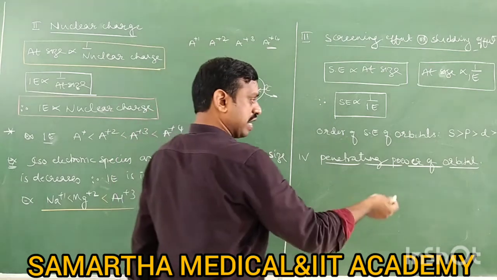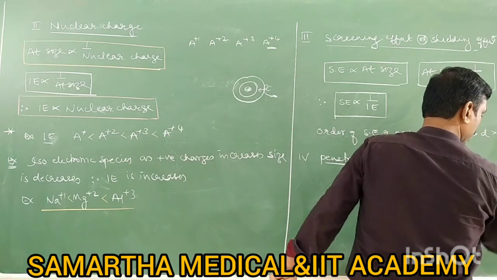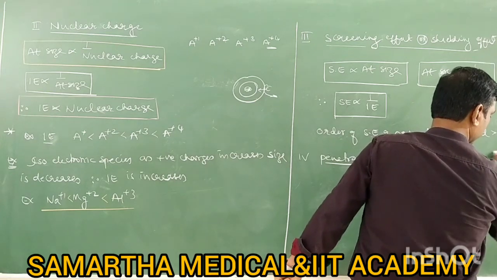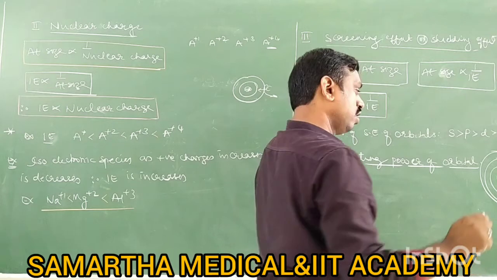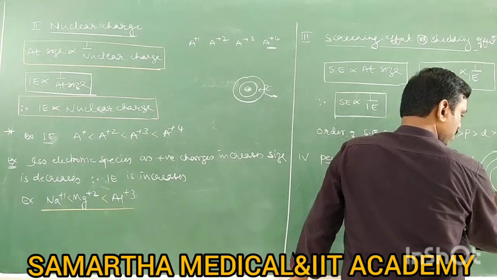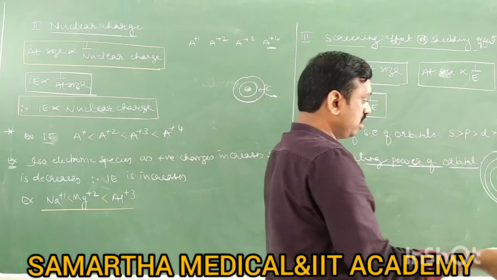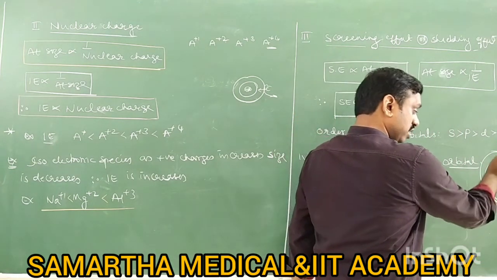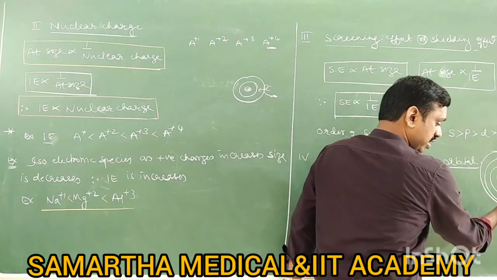If you take any atom, with its nucleus and however many orbits, in a given atom the s orbital is very close to the nucleus. Then next is p, next is d, next is f.